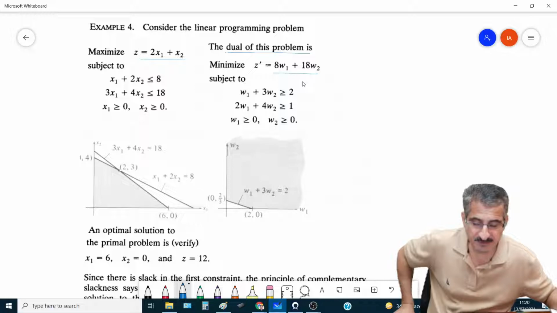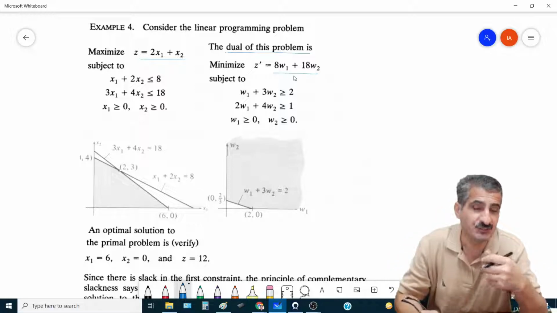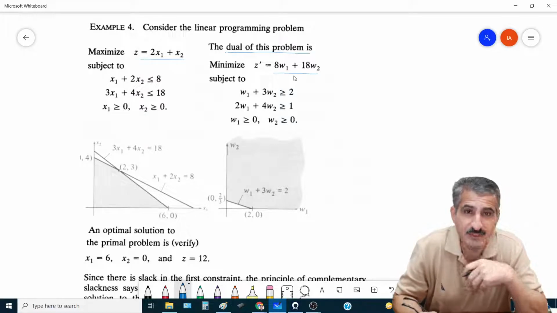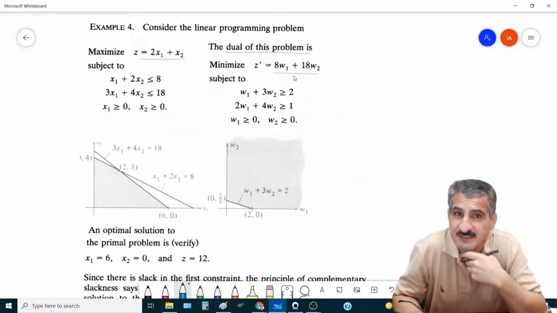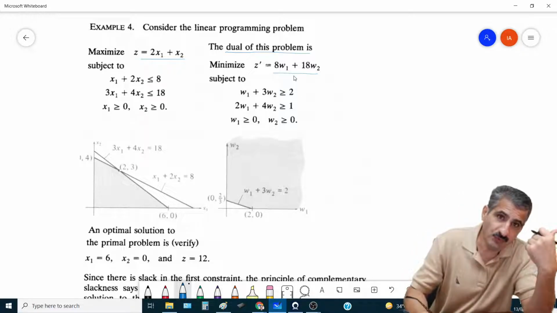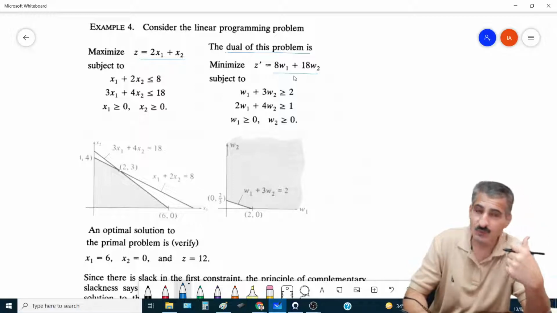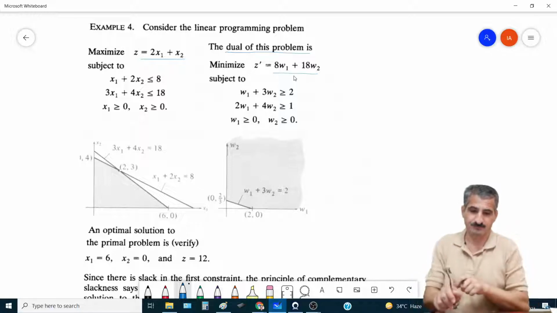Remember at the beginning, introducing the theorem, we said when the inequality is strict, that means the slack variable is positive, and so the corresponding dual variable is 0, because one of them has to be 0, right?